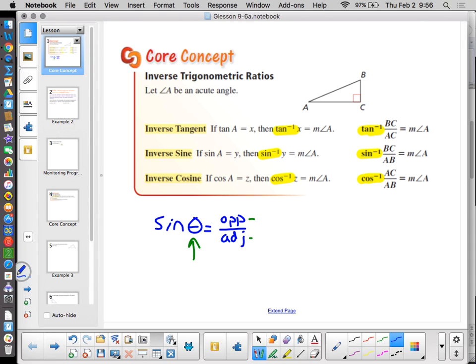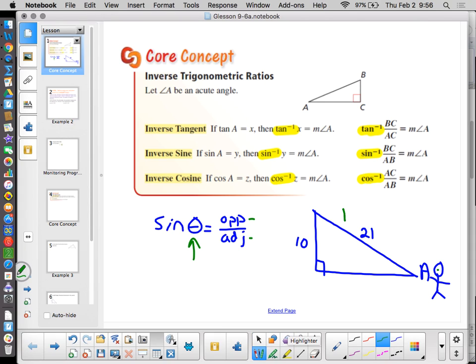So just very quickly, a very quick example here might be, here we are. Here's our angle A, and that's going to be our perspective. And let's say I know that this side is 10 and this side is 21. Okay? So just like normal, here's my perspective. This is the hypotenuse. This is the opposite.